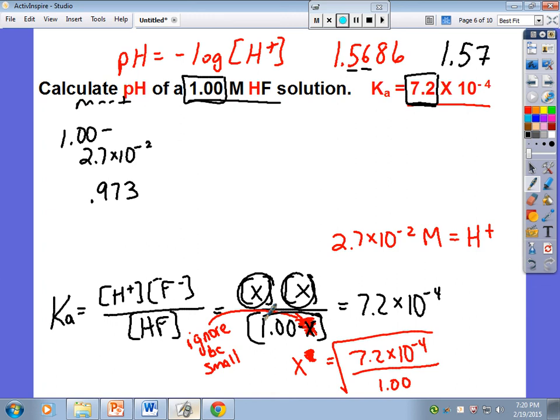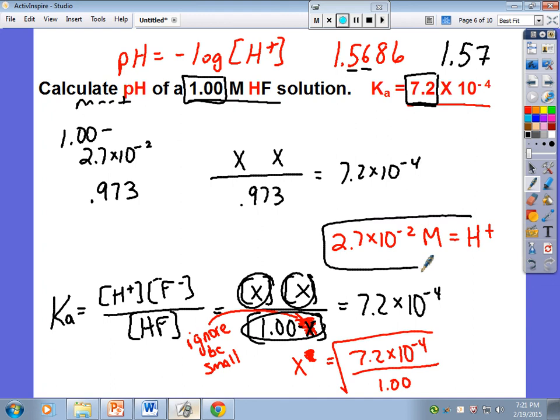That's the value for this on the bottom. So my equation would be x, and 1.00 minus 2.7 times 10 to the minus 2, or 0.973, and that would be equal to 7.2 times 10 to the minus 4. I'm just trying to show you what value we would come up with, right? Because we're trying to come up with this as our final answer.